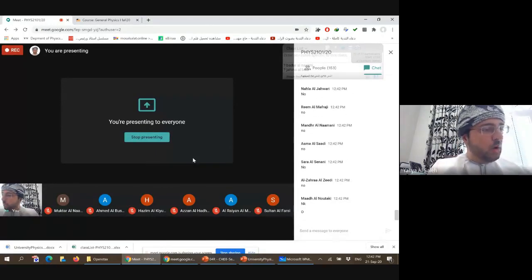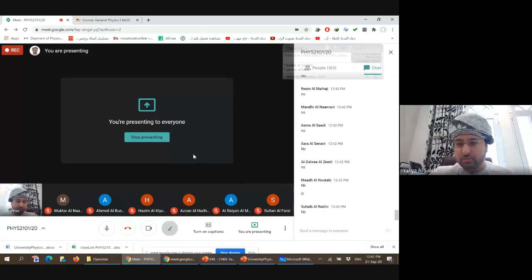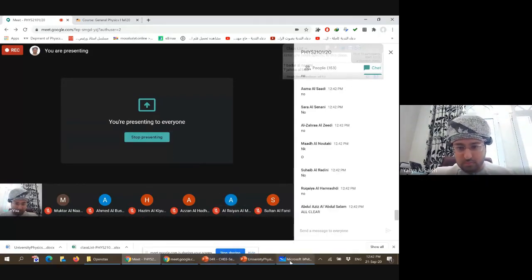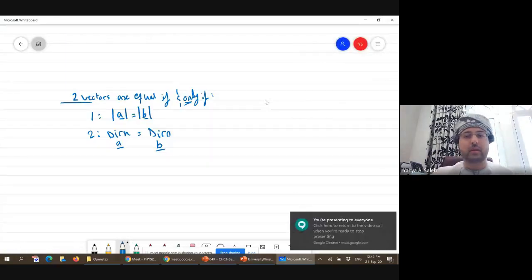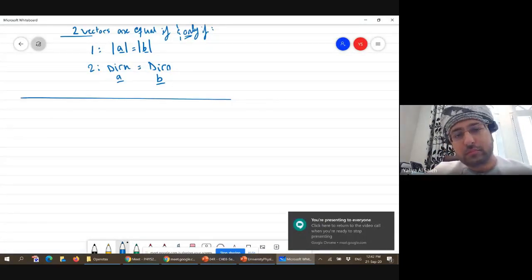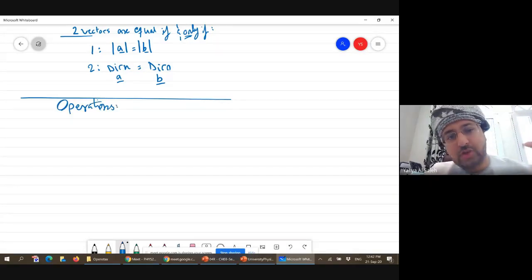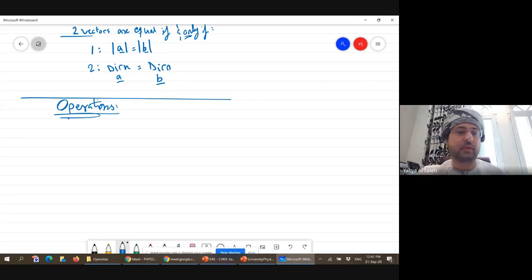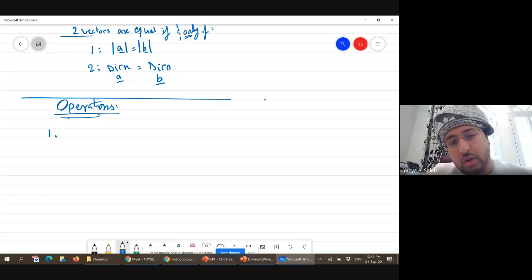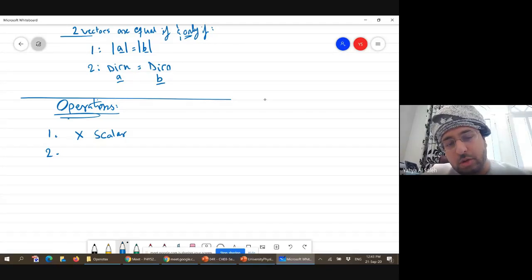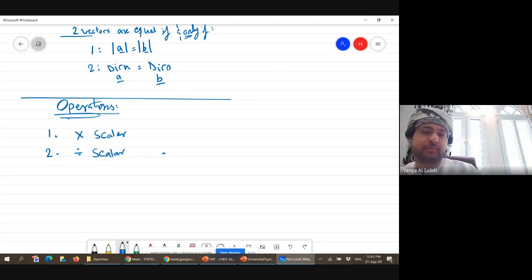Okay. What operations can we do on a vector? Operations. One, we can multiply by scalar. Two, we can divide by scalar, and this is very, very important.